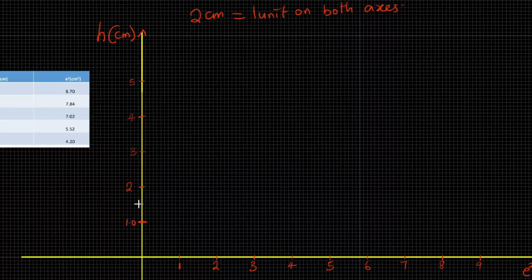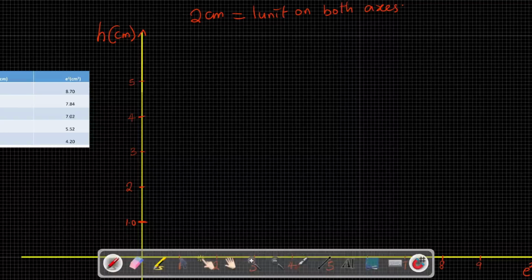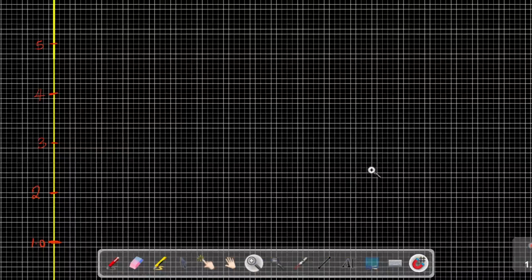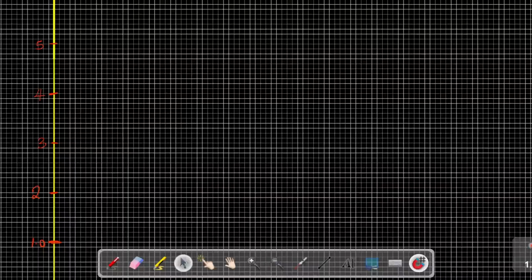So I needed to fix those lines before we continue because of the length of the video. Now, the first thing we are going to do is to plot the first 4.5 and 8.7 based on what I have explained. So let's get there. Let me zoom it as usual.